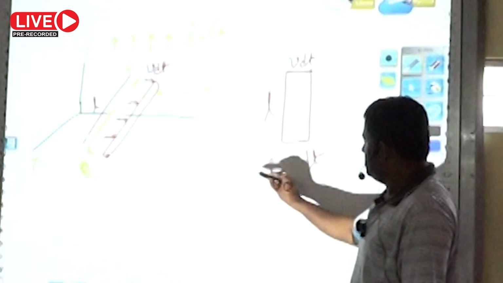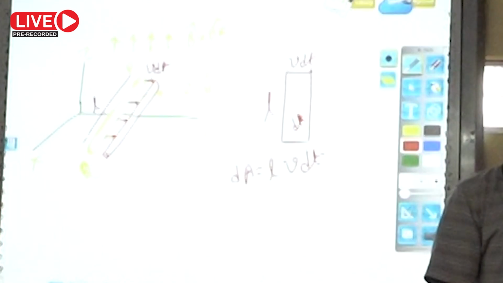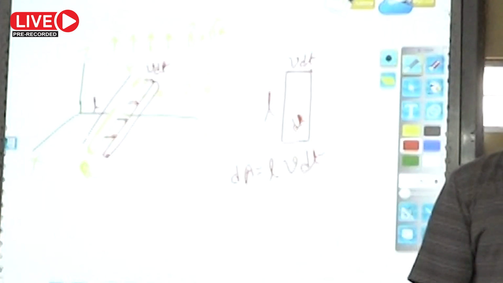Tell me. v dt into L. So I can write it as L into v into dt. This entire area is considered as dA, which can be written as L v dt. Length into breadth, that we have considered.